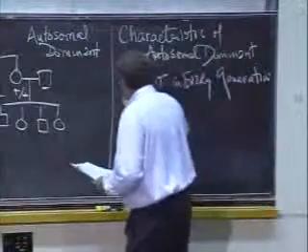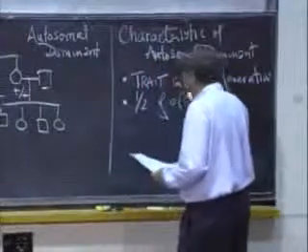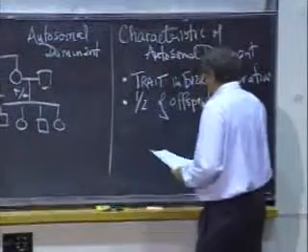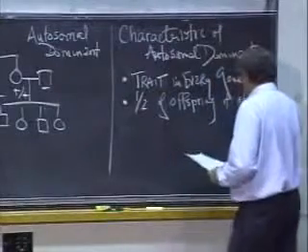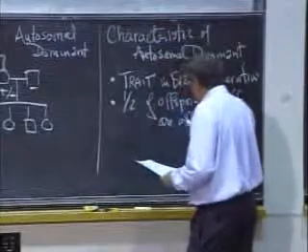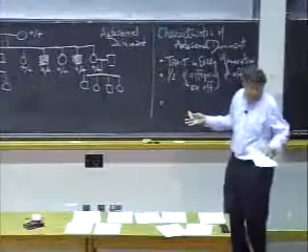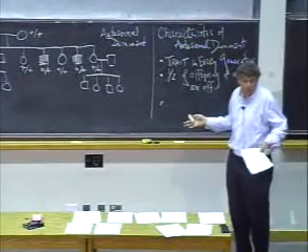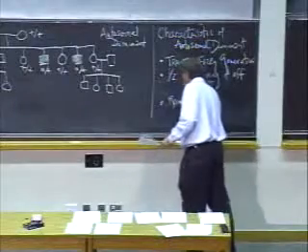On average, half the kids get the trait. Half of the offspring of an affected individual are affected. What else? Males and females, roughly equal in males and females.